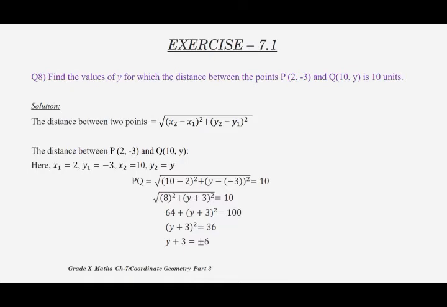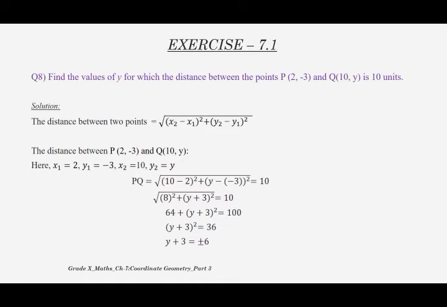PQ is equal to root of (10 minus 2) the whole square plus (y minus -3) the whole square is equal to 10. The answer is given to us. Solving, we'll get root of 8 square plus (y plus 3) the whole square is equal to 10.